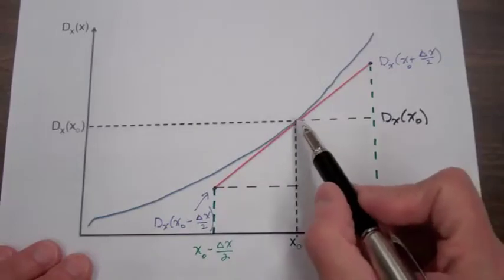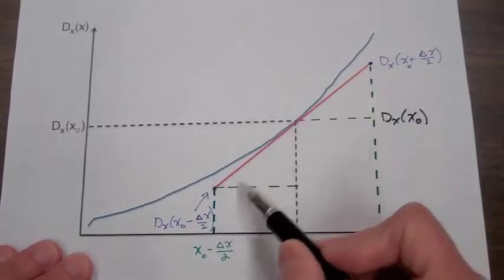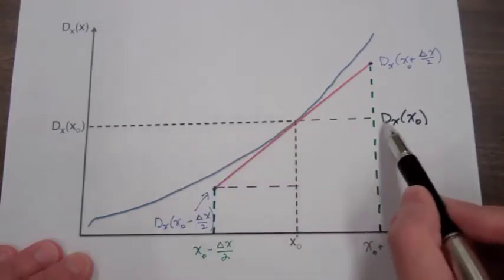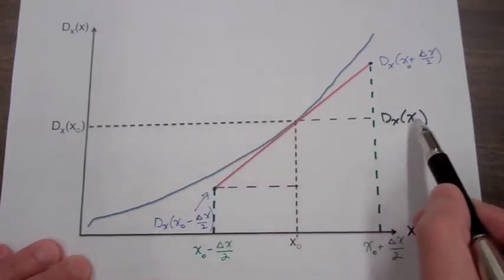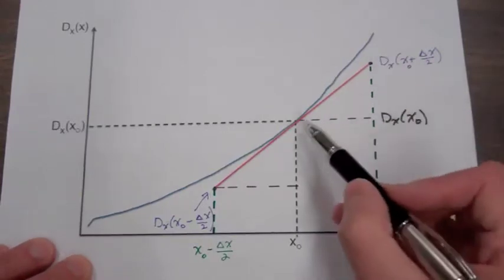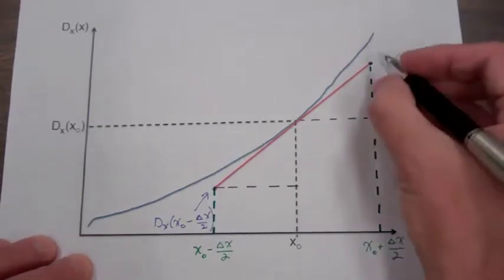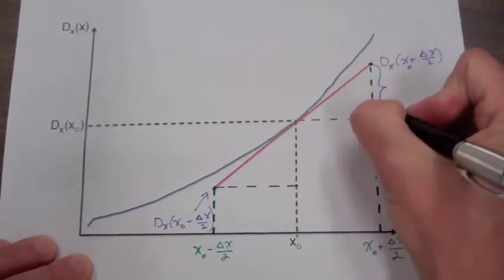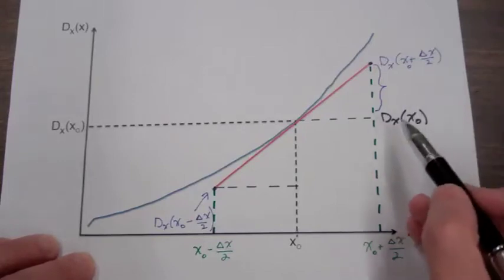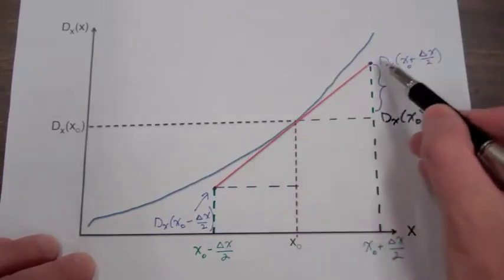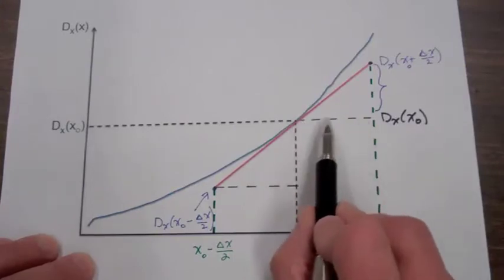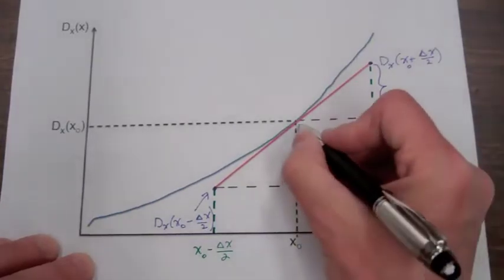So now let's look at these two right triangles. This level right here is the value of the electric flux density field in the center of the cube. So to estimate the value at the front face, we add to it this distance right here, this side of the triangle, which will just be the slope of this line times this side of the triangle, which is delta x over 2.